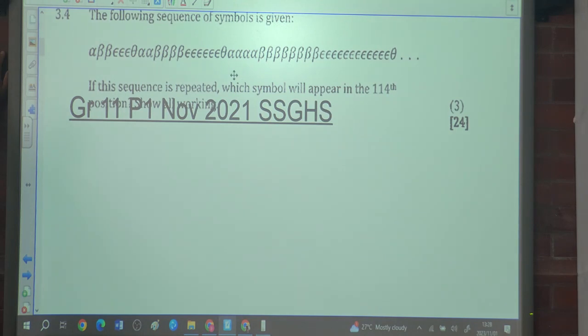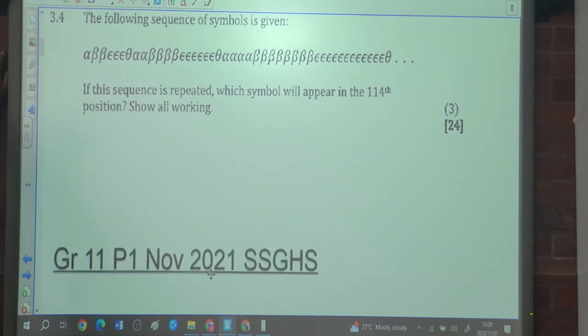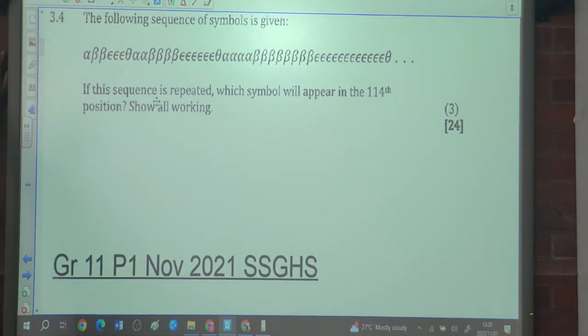The next one, the sequence of symbols are given. So with alpha, beta, beta, beta, beta. And I got 2 alphas, 4 betas.